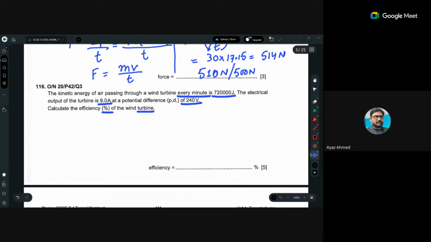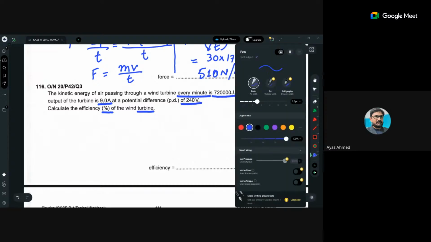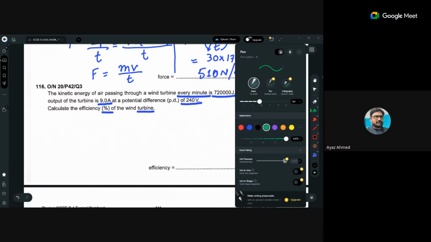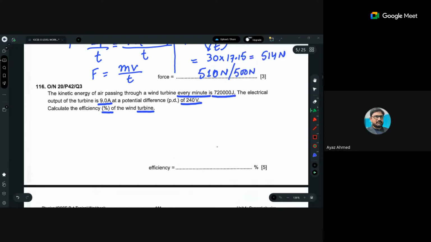When you are handling these types of questions, because this is an annual paper, we would have some concept of electrical energy also, but in these lessons we had not talked about electrical energy.